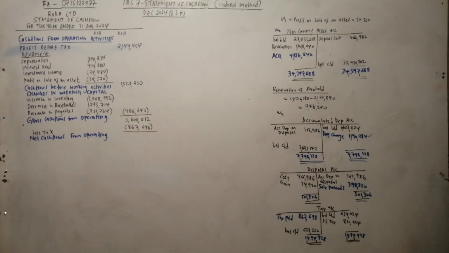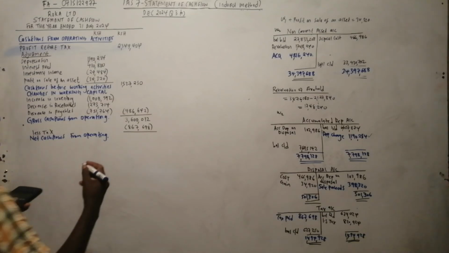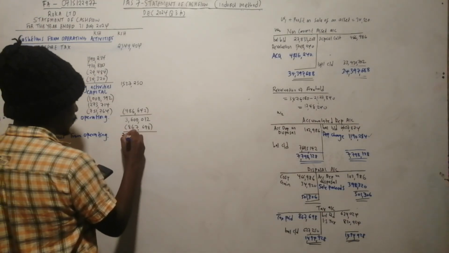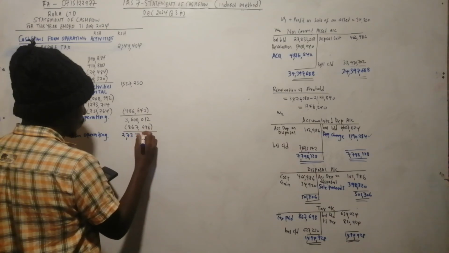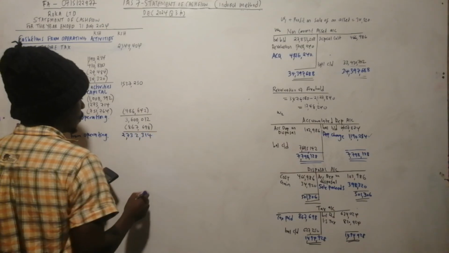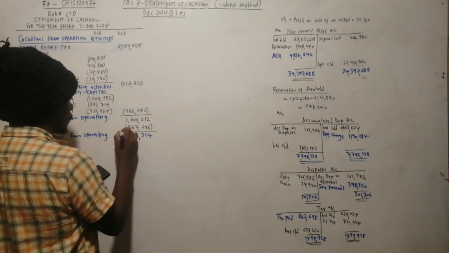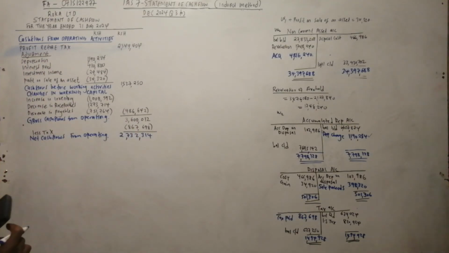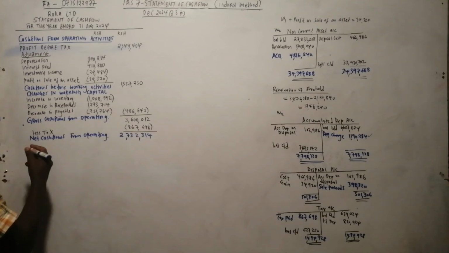So mi napata 27 32 314. So this one is 27 32 314. Now from that point, now we can calculate cash flow from our investing activities.